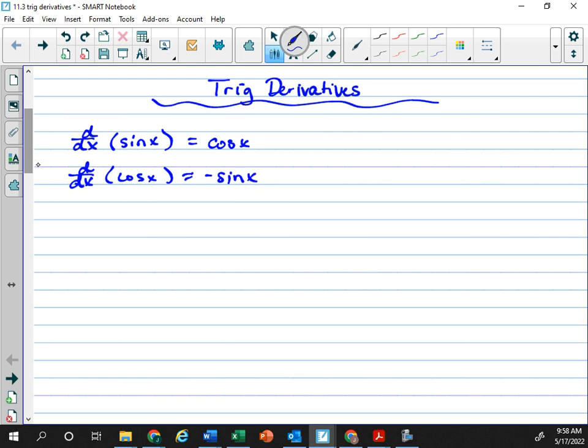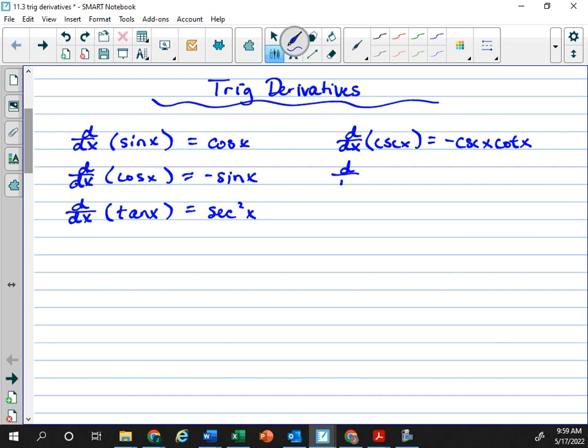Okay, the rest I will give to you. So d dx of tangent is secant squared. And we're going to find that one algebraically, but just jot it down. And d dx of cosecant is negative cosecant of x cotangent of x.